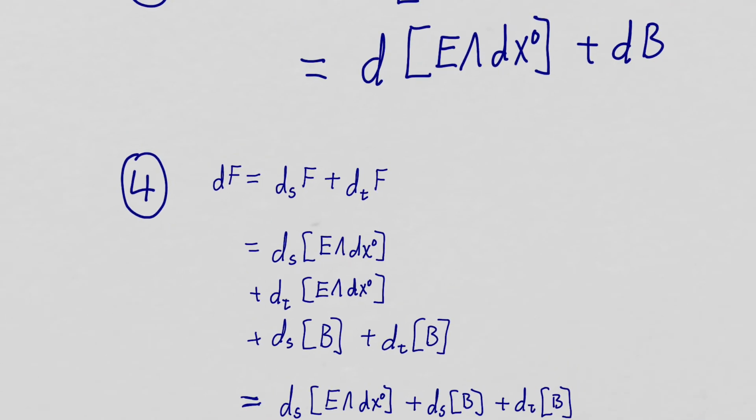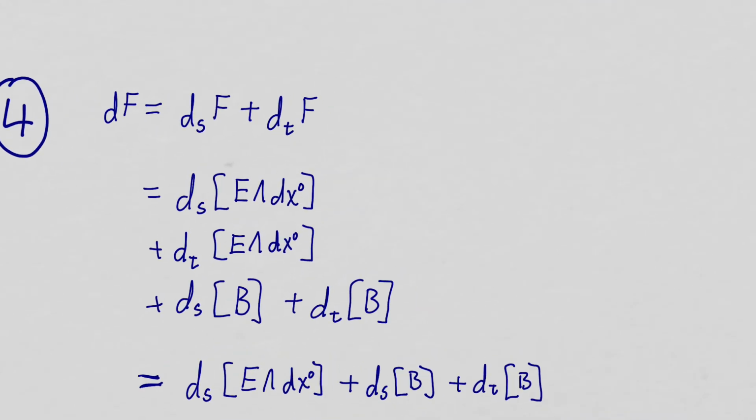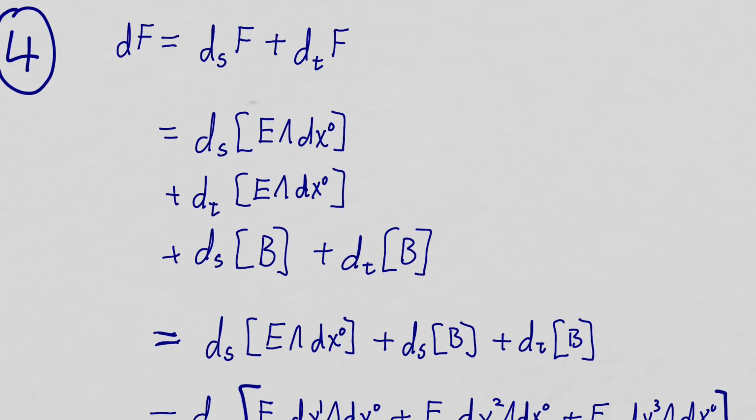So likewise, once I distribute this exterior derivative over the parts of the electromagnetic field tensor, I find myself taking the space exterior derivative of E wedge dx0 and the time exterior derivative of E wedge dx0, and then the space exterior derivative of B and the time exterior derivative of B. I can get a little simplification here because I know that the space exterior derivative of something is always wedged with dx0, but this already has a dx0 in it, so I know that's going to be 0.